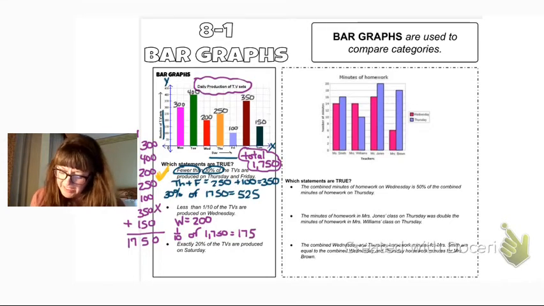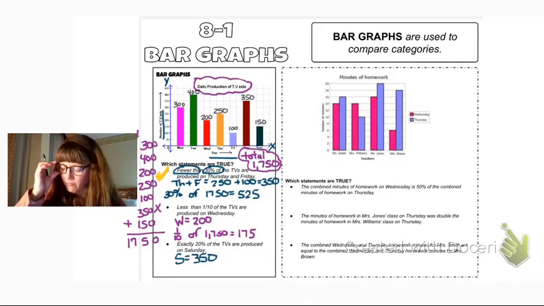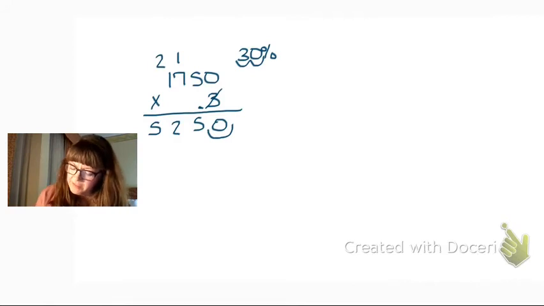Okay, last one. Exactly 20% of the TVs are produced on Saturday. So on Saturday, if we look at our bar graph, we saw that 350 TVs are produced on Saturday. So now we need to see what 20% of that total is. So 20% of 1,750.